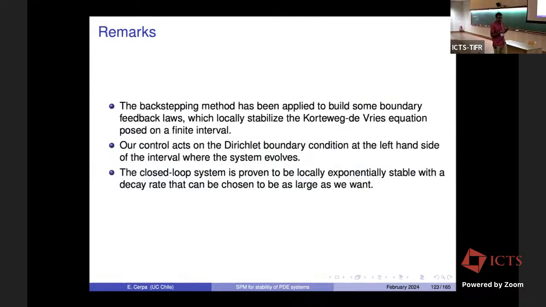So what we have done is apply the backstepping method in order to stabilize this system from the boundary, and the closed system is proven to be locally exponentially stable. That's a summary of what we have done in these previous slides.